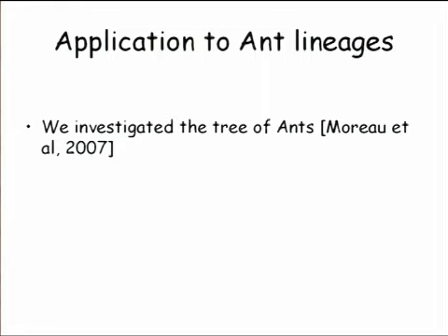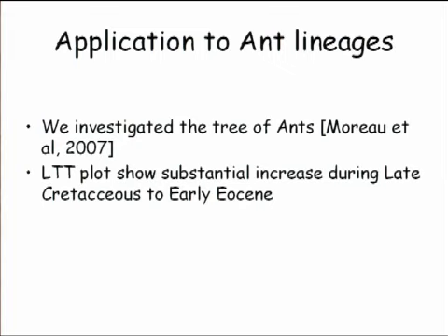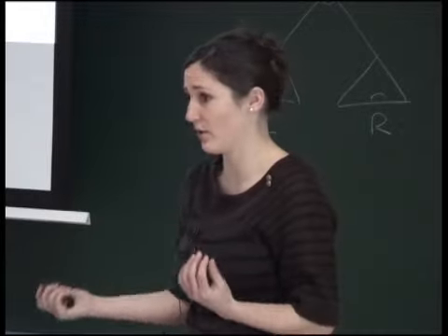So we investigated a big tree of ants from Corey Moreau. And the lineage-through-time plot of their tree showed a substantial increase at some stage. So for some reason, speciation just started bursting basically.